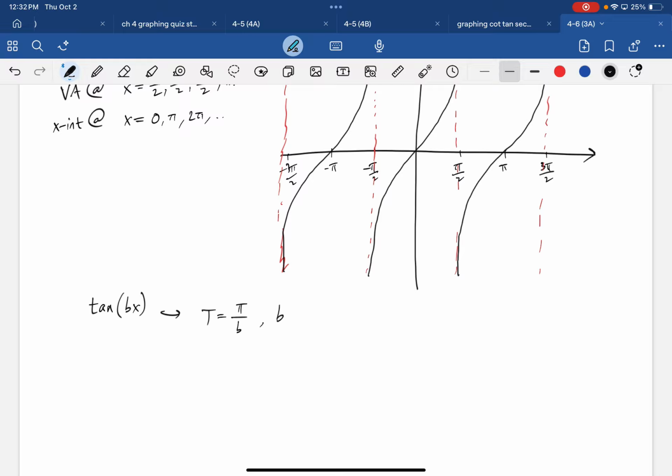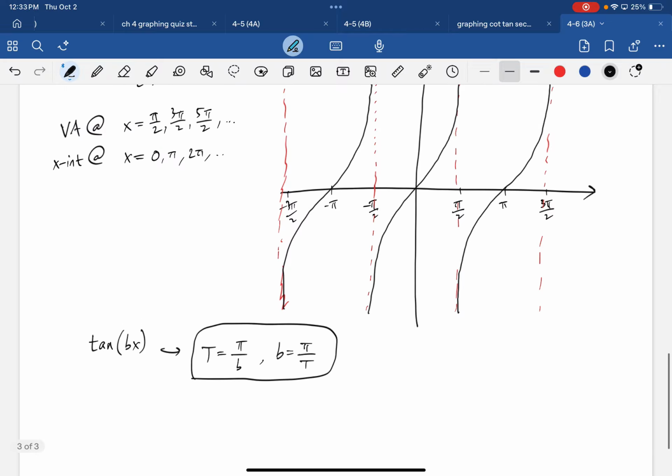And similarly, b is equal to pi over T. Because the original period is not 2 pi anymore. The new period of tangent is pi, and so T is equal to pi over b instead of 2 pi over b. So I would advise memorizing that.